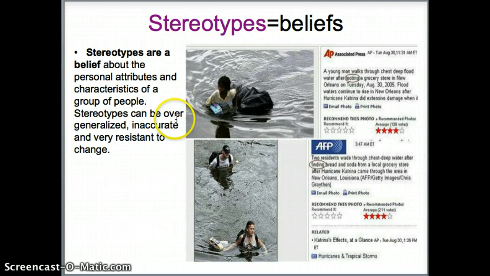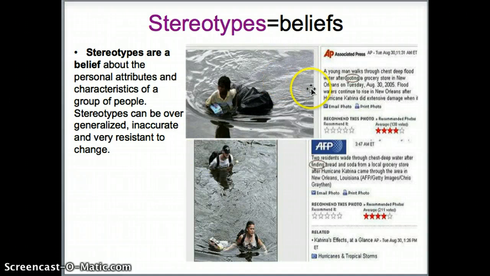I have here something that I thought was really interesting that was picked up on in the press after Hurricane Katrina. If you look at the top portrayal, it's one of the people who was going and looking for food after New Orleans had become flooded.